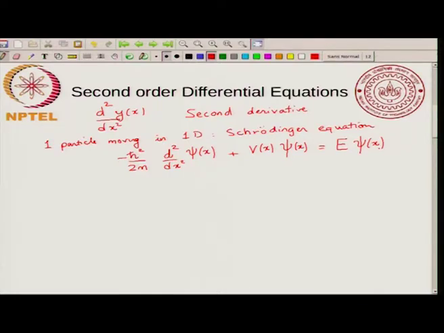Another example is what is called the diffusion equation.